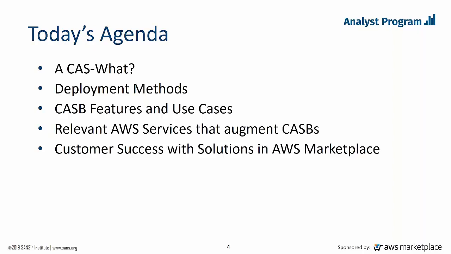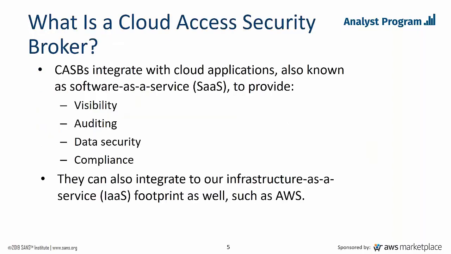Well, we're going to talk about what is a CASB, the different deployment methods we have. We'll talk about features and use cases and how we can address common use cases that I hear on a regular basis. And then David's going to talk about relevant AWS services that augment a CASB, as well as some customer successes with solutions within the AWS Marketplace.